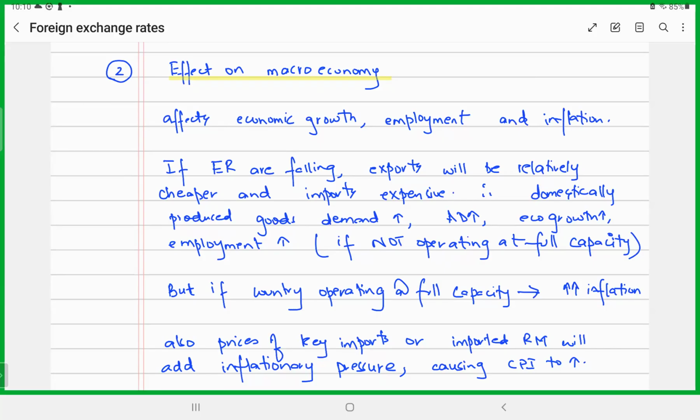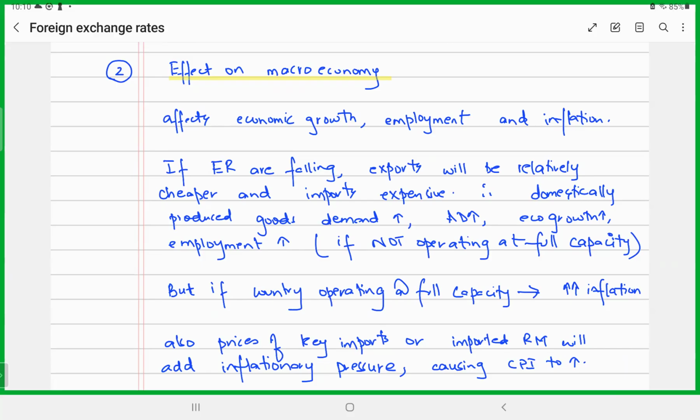That means either we have unemployed resources or we are operating inside the PPC, right? So we can increase the quantity and the quality of the goods and the services by utilizing those unemployed resources. But if the country is operating at full capacity, what's going to happen?